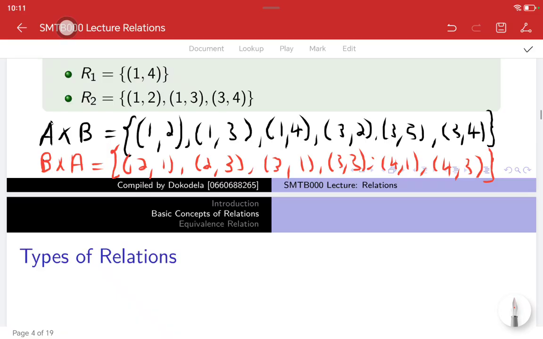Anyone who can give us an answer, you can just say any answer, yes or no. It's worth trying. Is A cross B equal to B cross A?